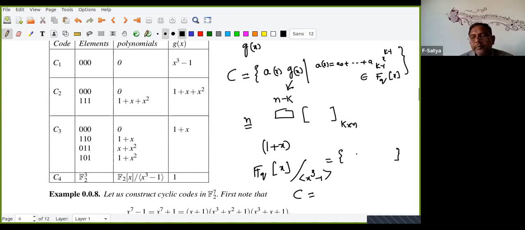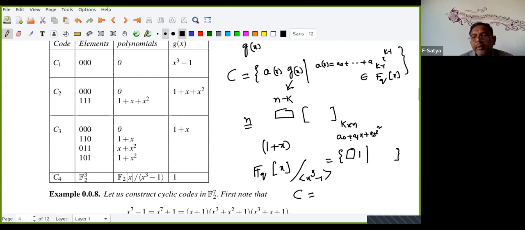That means one times any polynomial of degree 2. One is just one, right? So what are the set of all quadratic polynomials? They look like a naught plus a1 x plus a2 x square.